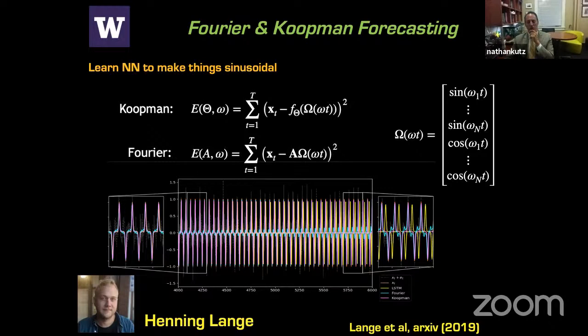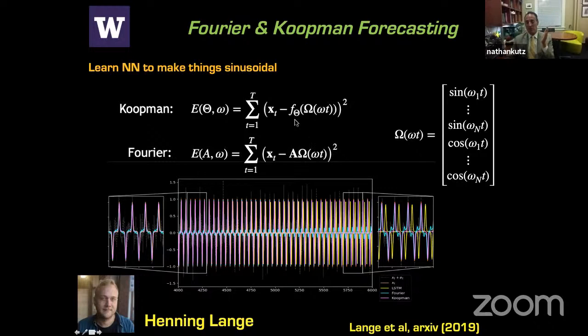So instead, what you could do is say, how about if I learn a map? This is what we're going to do: put a neural network here. The neural network is going to take this time series and find a transform that makes it look more sinusoidal.